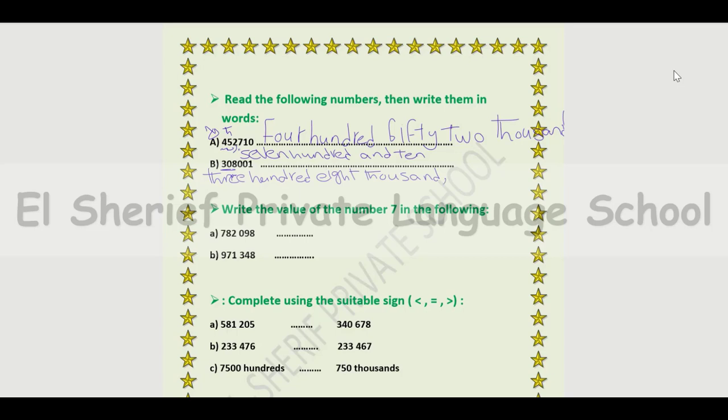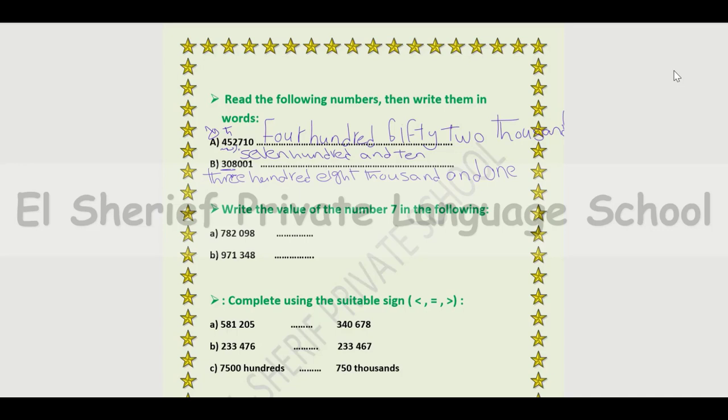Now put comma and only one. We write comma, only and one.